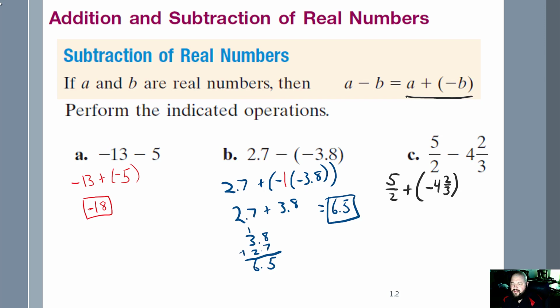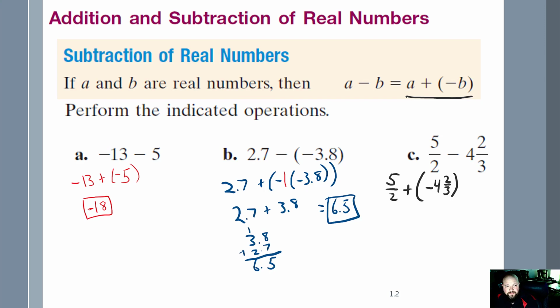Well, let's make that complex fraction an improper fraction. So 3 times 4 is 12. 12 plus 2 is 14. So we should get 14 over 3.